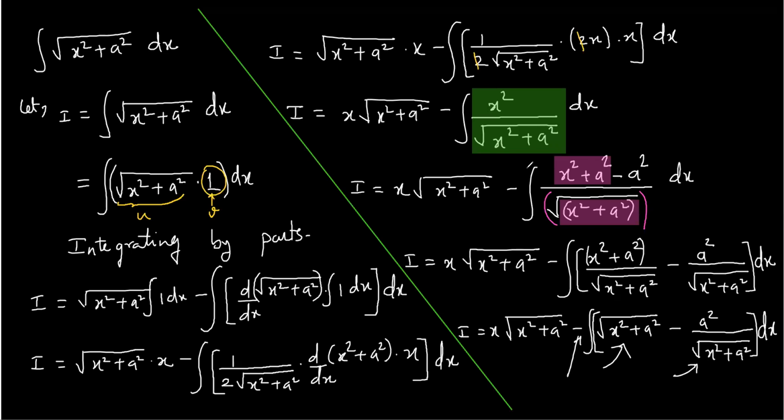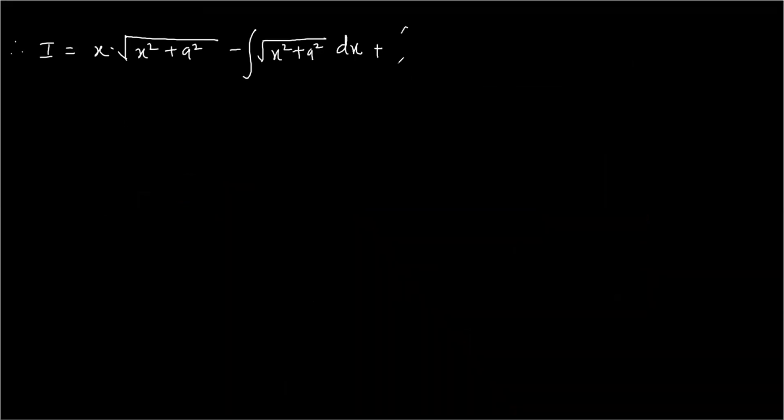So when you write the integral for this term, it will become positive. So you have plus integral a square upon square root of x square plus a square dx.